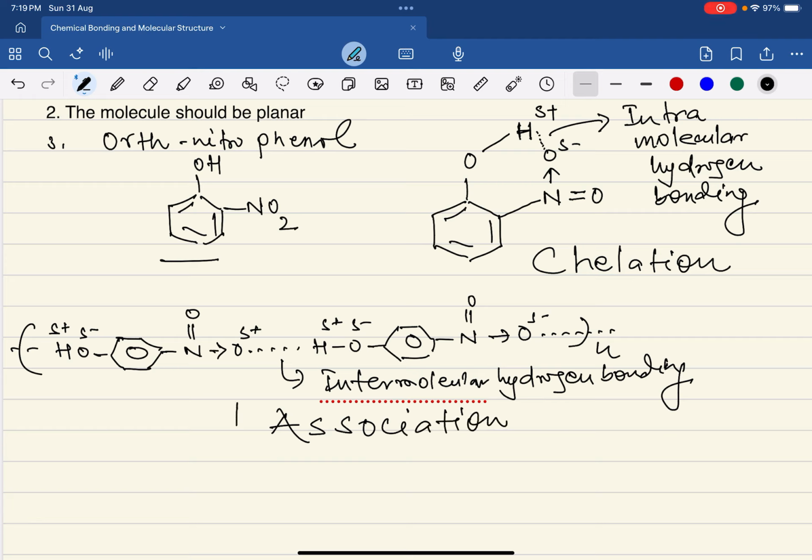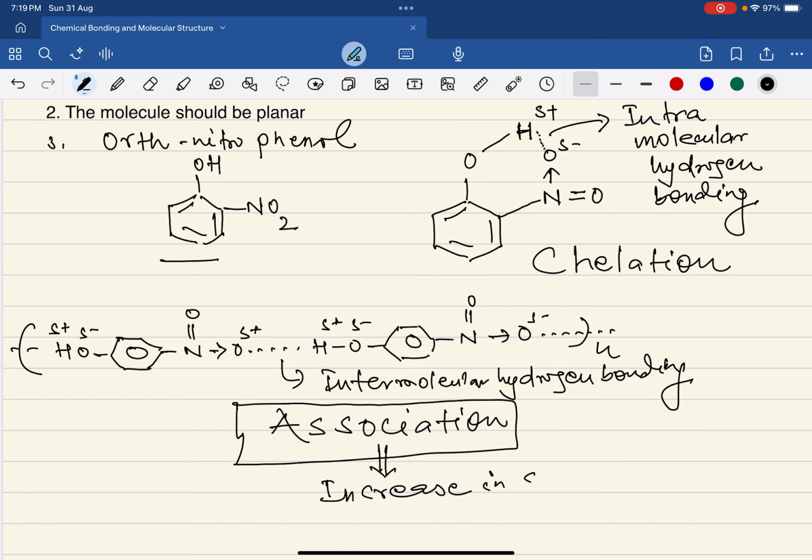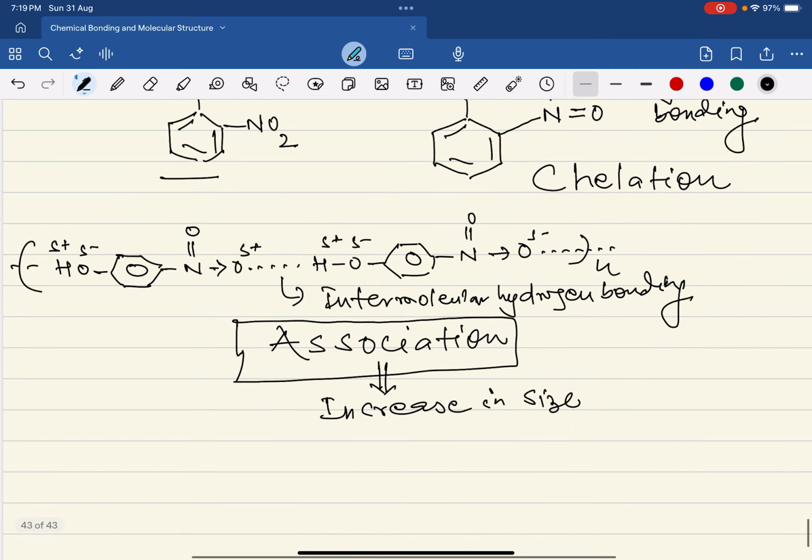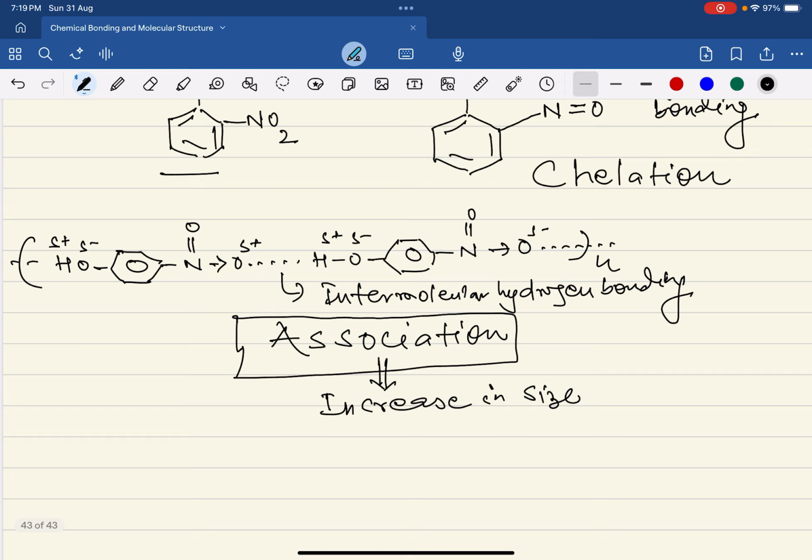Due to association, a large number of molecules come together, and the cause of association is an increase in size. So, due to association, size increases.